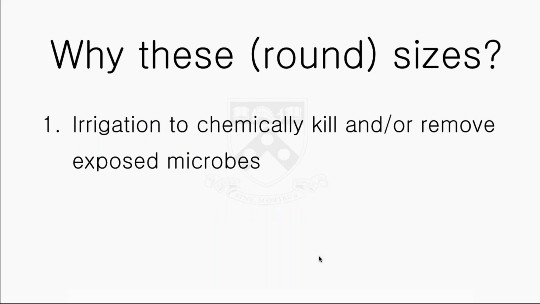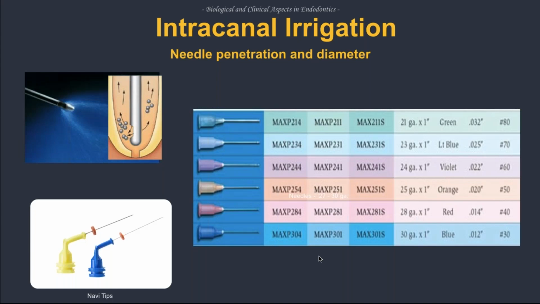So the irrigation is very, very important, and we need to get the irrigant to the apical third, and the apical third, you can only get the irrigant there if there's no air bubble stopping the movement of the irrigant. So here's just a slide to show, number one, that if you're using a 30 gauge needle, when this slide was made, the 30 was the smallest, you need a 35.